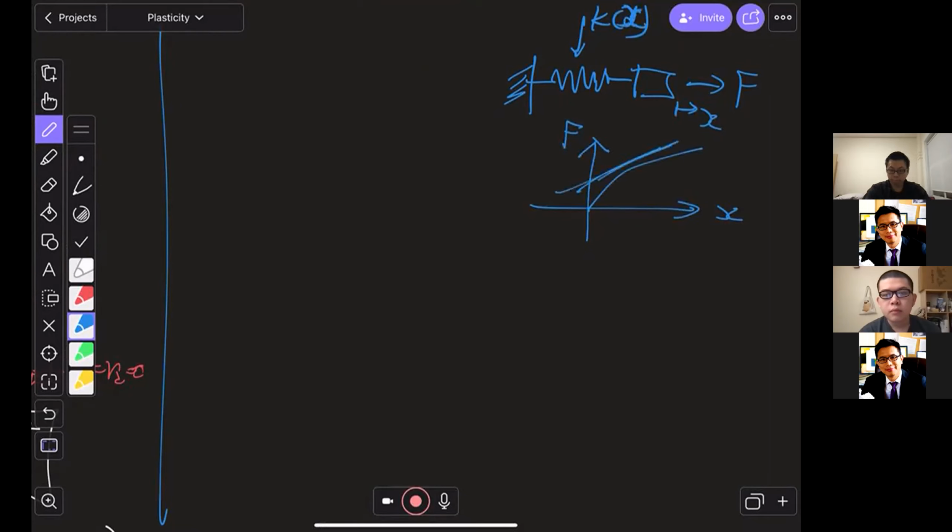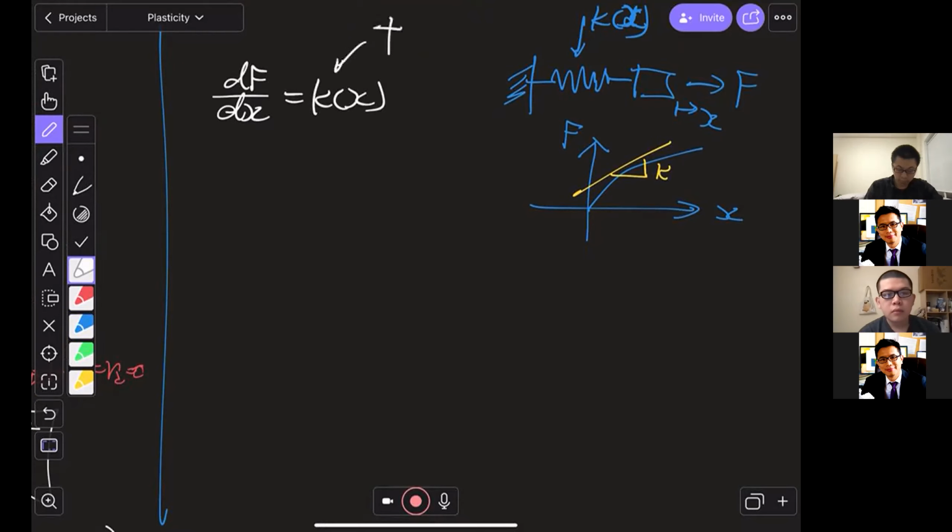So we have a tangent that is K for a different X. So what we actually have is that dF/dx equals K(x), which is the stiffness, or more accurately tangential stiffness.